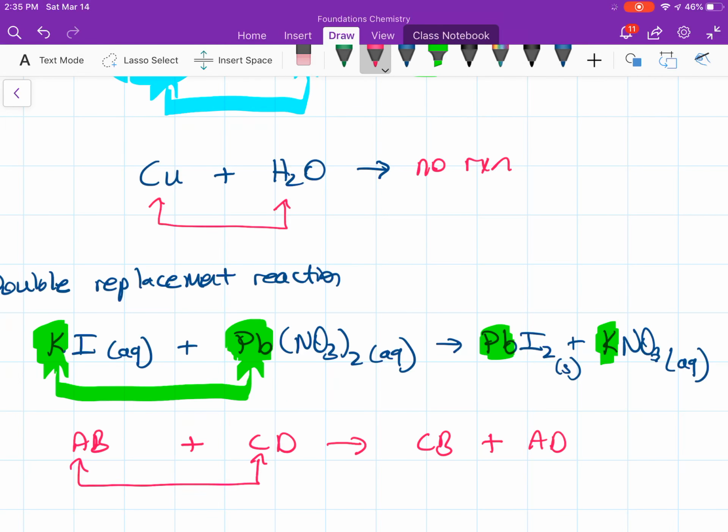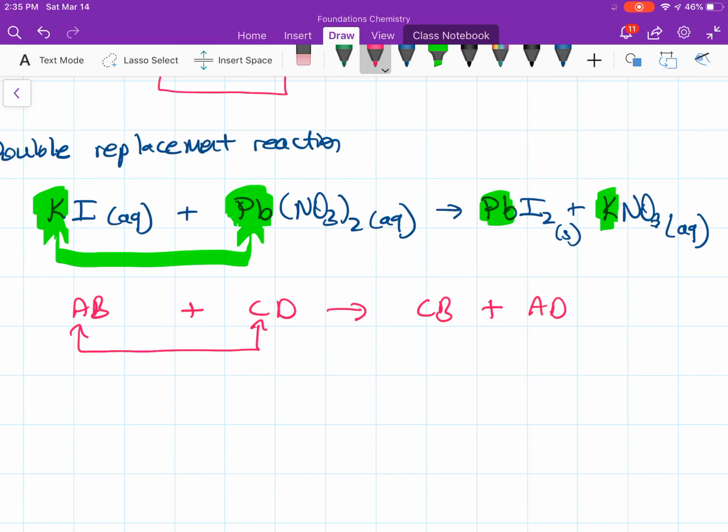Okay? Now, three things have to happen in order for a double replacement reaction to occur. Because it's not like you can just mix two liquids and always get a response. Only sometimes do you get a reaction. You've got to at least have a precipitate. Remember, that's our fancy word for a solid forming.